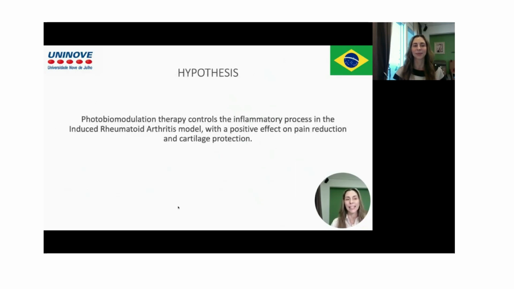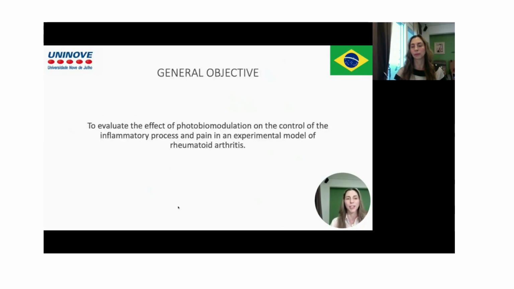My hypothesis is that photobiomodulation therapy controls the inflammatory process in the induced rheumatoid arthritis model, with a positive effect of pain reduction and cartilage protection. The general objective of this work is to evaluate the effects of photobiomodulation on the control of the inflammatory process and pain in an experimental model of rheumatoid arthritis.